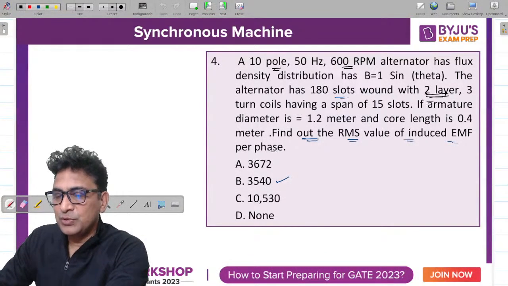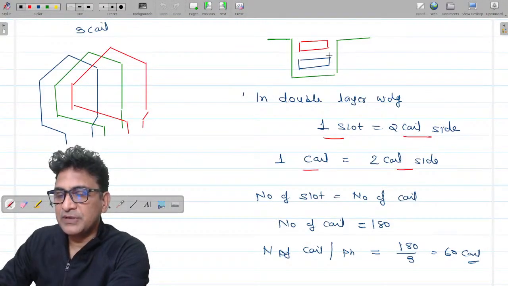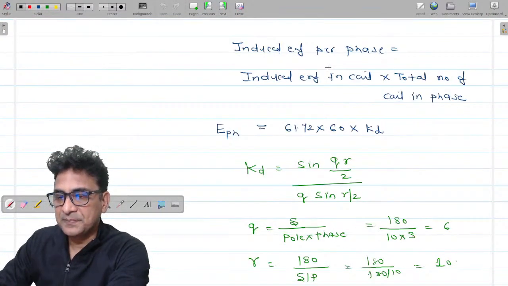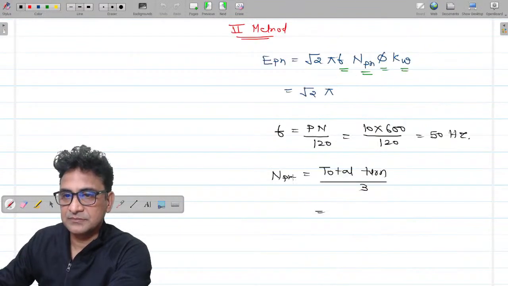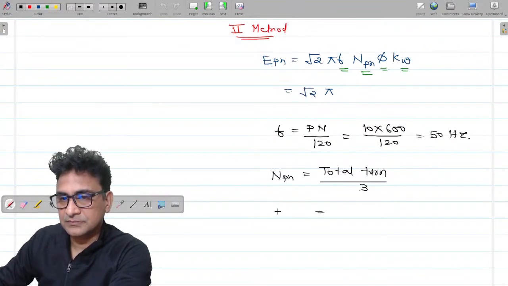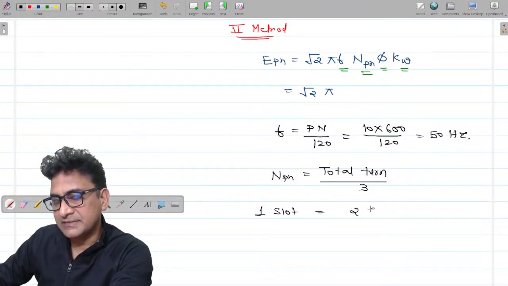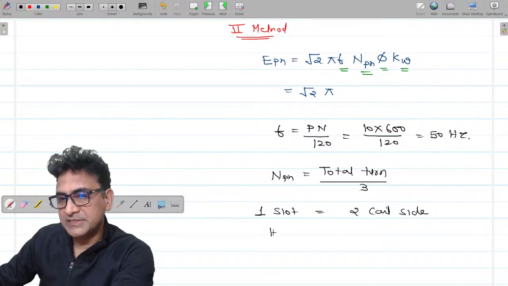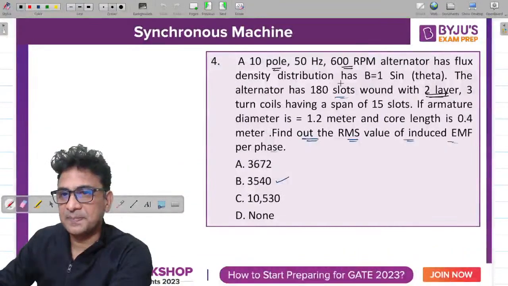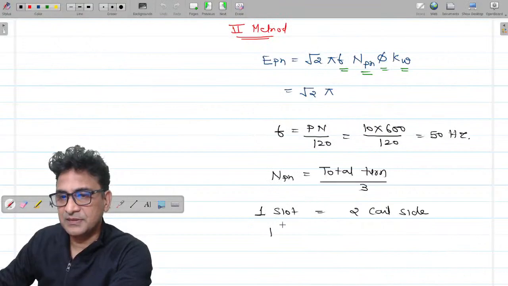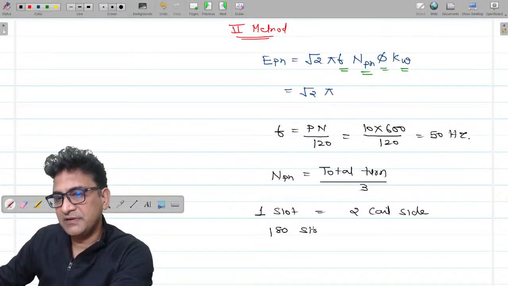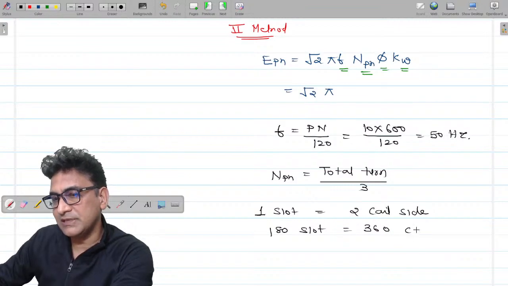In two layer winding, I told you one slot has two coil sides. We know one slot has two coil sides, and the machine has 180 slots. So the machine will have 180 into 2, 360 coil sides. Is it clear?